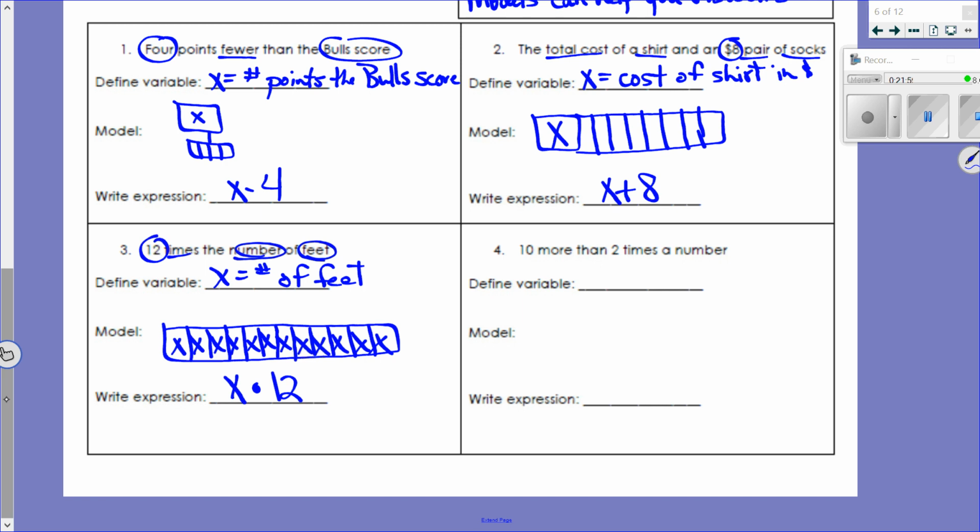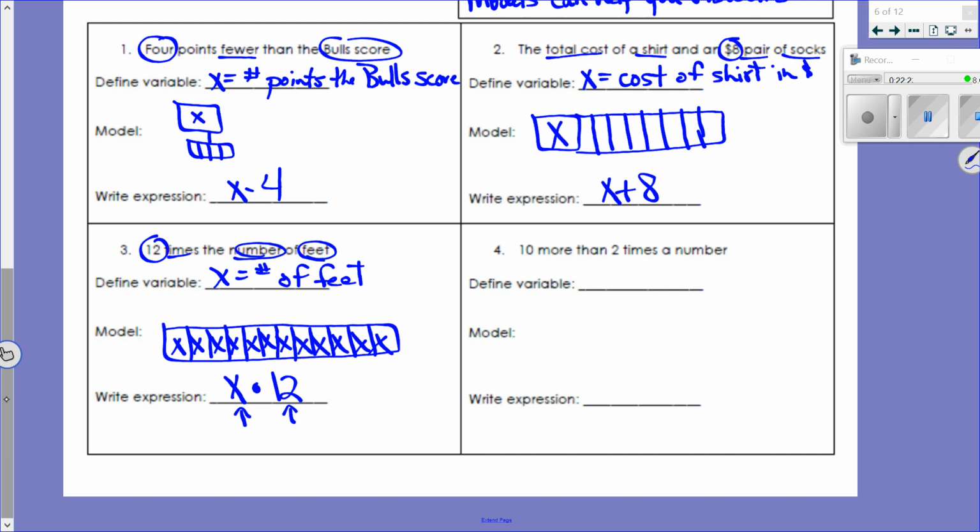So is everybody okay with that? Gian, you're saying no? Why not? It's not X groups of 12. It's 12 groups of X, of the variable. So I'm not modeling X groups of 12 here, am I?